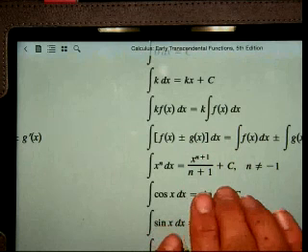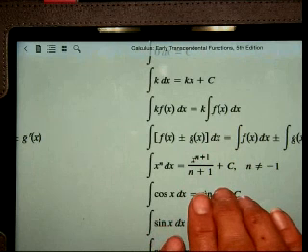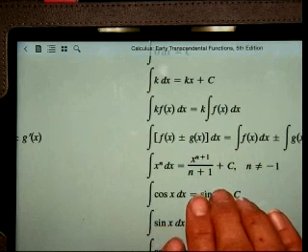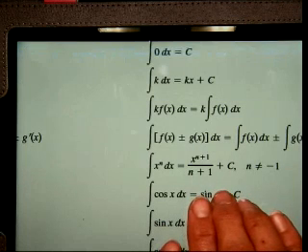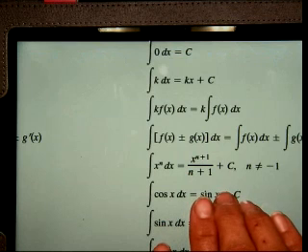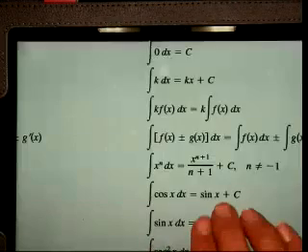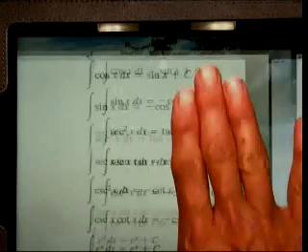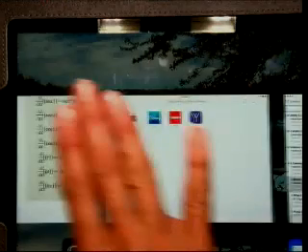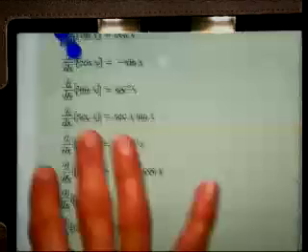What's the antiderivative of sine? Negative cosine, because if you take the derivative of positive cosine, it's not going to give you back sine. It's going to give you negative sine. So the antiderivative of sine is negative cosine. So all the c's now are going to be positive instead of negative.